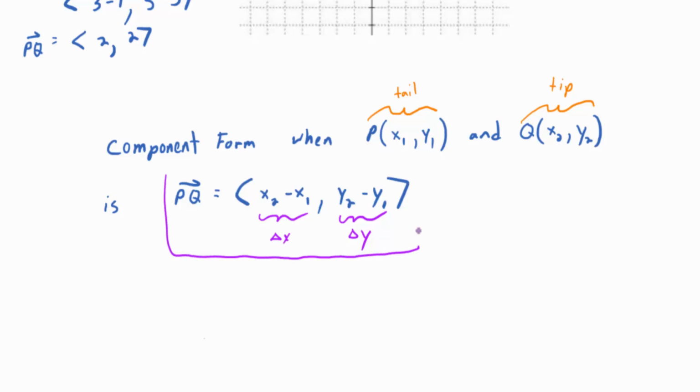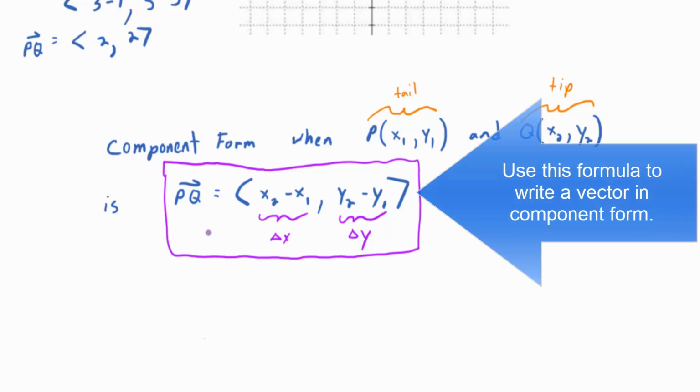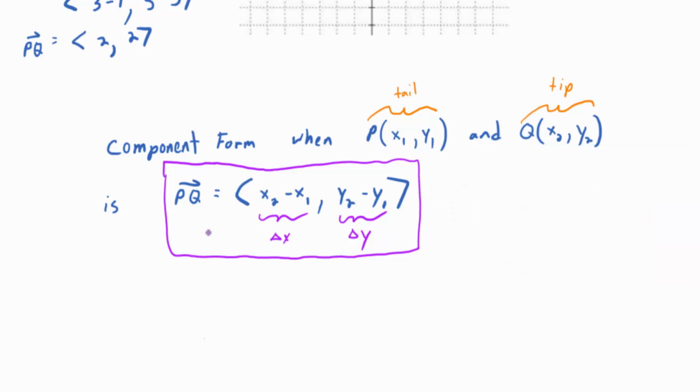You're given 2 points, a tail and a tip. That's a formula for converting that vector with given tail and tip to component form. Now, there's a neat way to think about it in terms of the tail and the tip. What are we doing? We're taking the tip minus the tail.